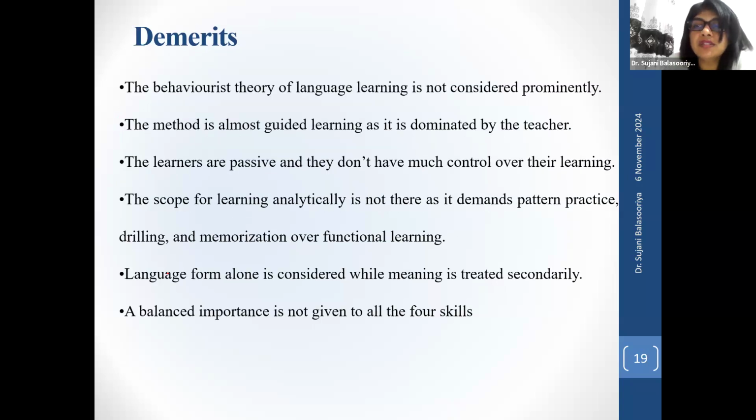Behaviorist theory means you acquire language by imitation, habit formation, and reinforcement. These are the key principles of behaviorist theory, right? And in the audiolingual method, it is said that behaviorist theory is not considered prominently there, right?